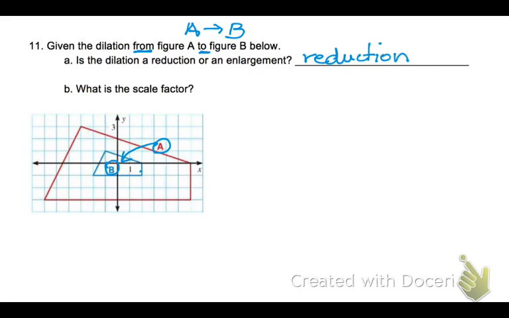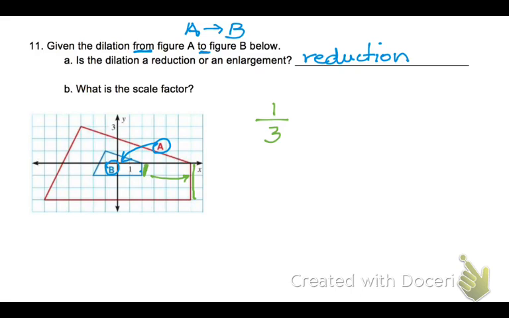I have to pick a side. Any side will do, but remember how we talked about we want to use one of the sides or two of the sides that are on a line. So let's choose a really easy one. This side is equal to 1. And the one that corresponds to it is right here, and that's equal to 3. That's my scale factor.